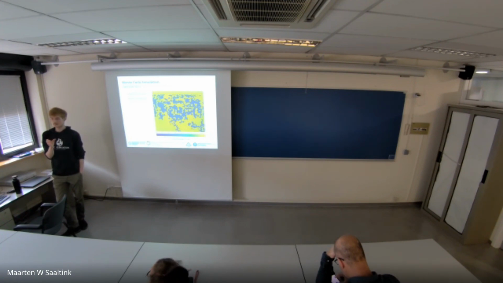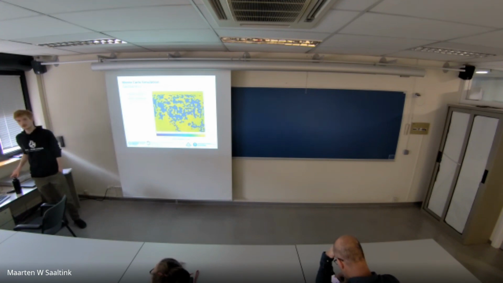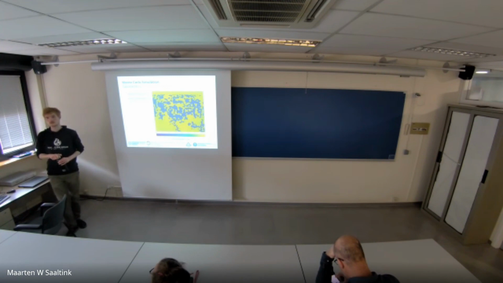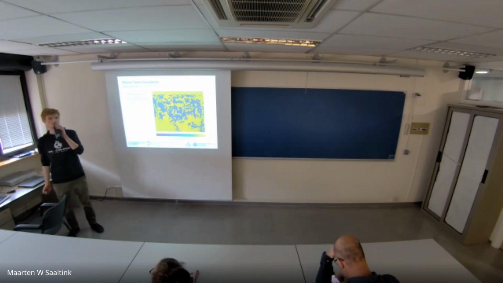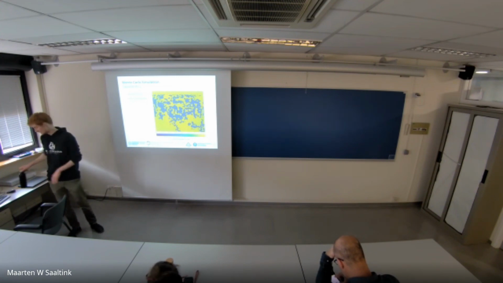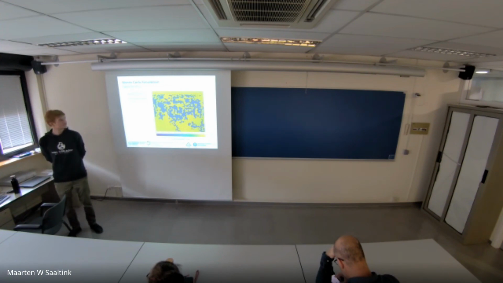I don't think it's that. I think the problem is the spatial structure, right? When you're using these kinds of Gaussian fields and Gaussian correlations, you typically will get structures of a certain size, order, and organized in a certain way. What I mean by structure is the size of your clusters of low permeability or high permeability. So this kind of clustering is not going to give you the kind of channeling.